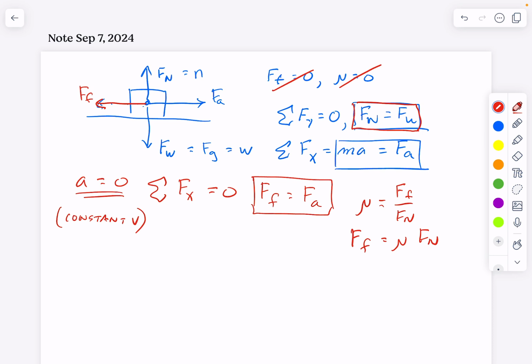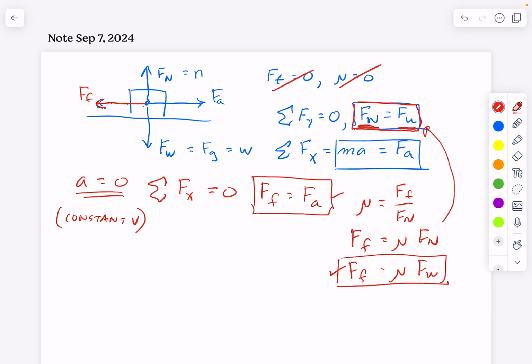And since from up here, the normal force is the same as the force of weight, the force of friction is going to equal mu times the force of weight when we substitute F sub W in for the normal force F sub N.